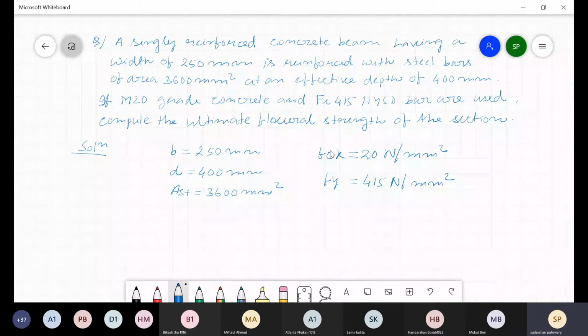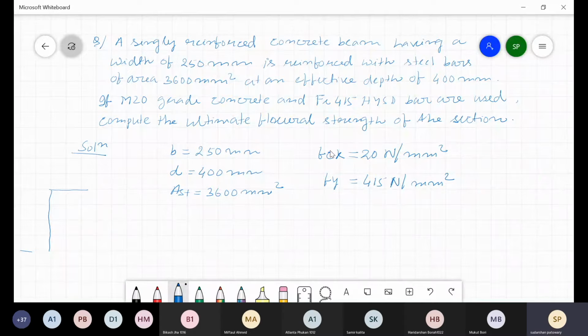So this is your actual neutral axis, NA.